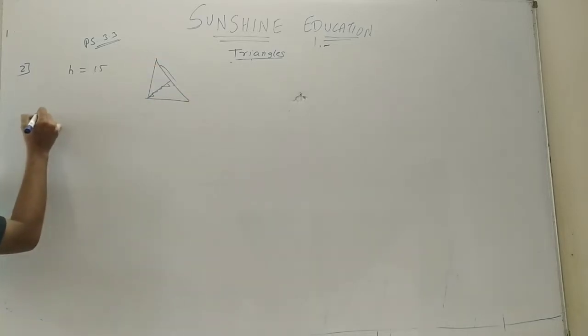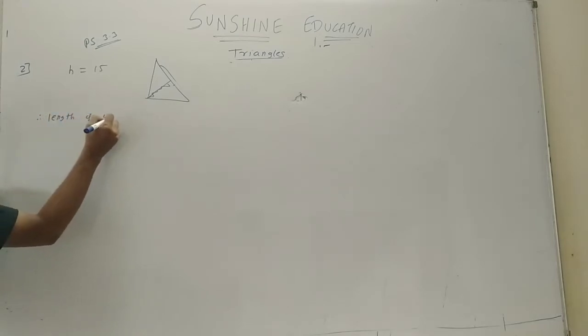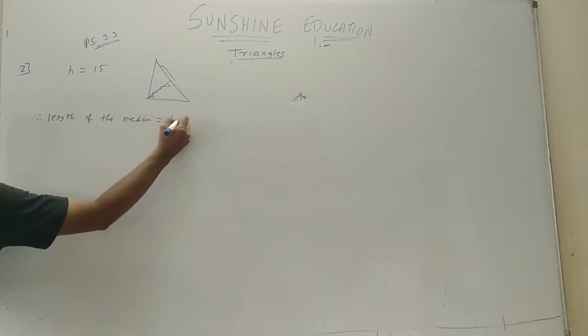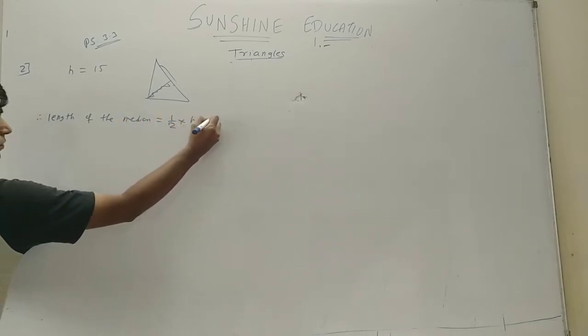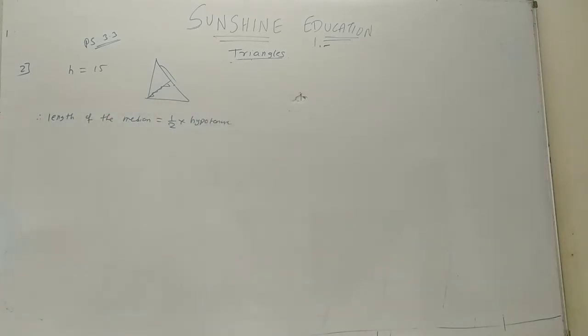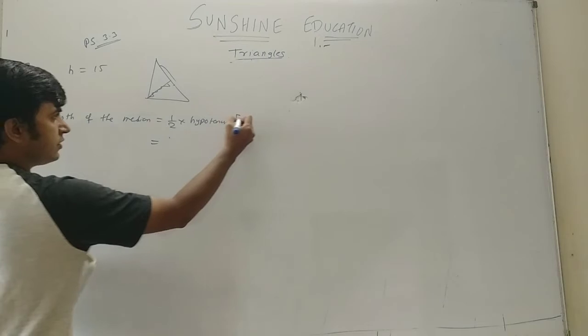Therefore, length of the median will be half of hypotenuse. We know that length of the median will be half of hypotenuse. So, what is the reason?